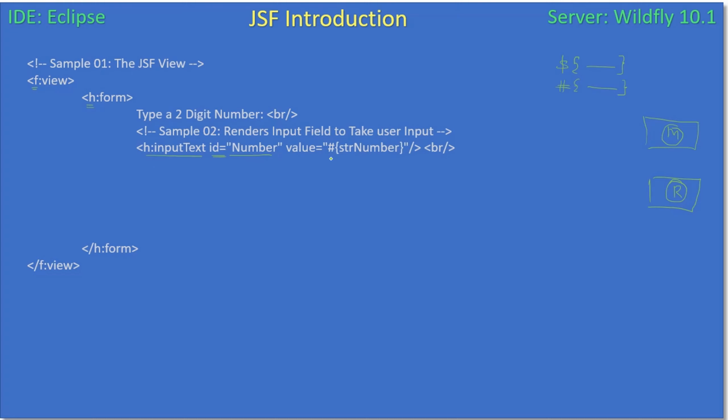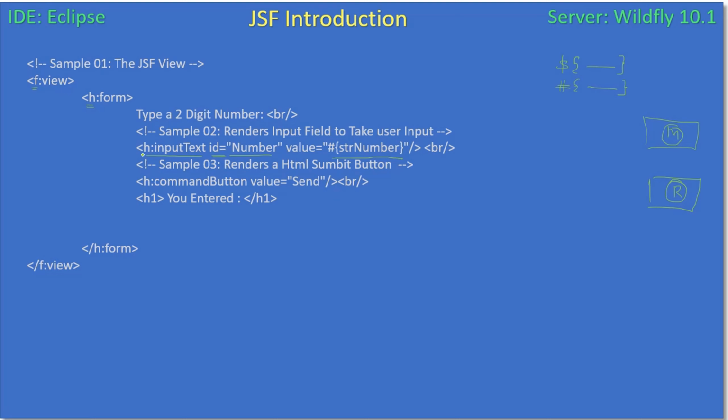For now you can see hash, open curly braces, str number. That's what we specified here. So type a 2-digit number, which we specify with the JSF tag inside the JSF form, and render an HTML submit button. So this is nothing but an HTML input text. We will see that soon.